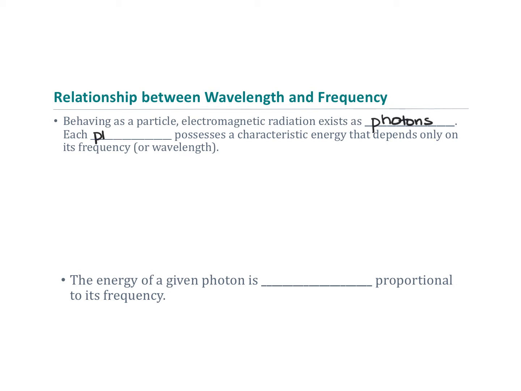And each photon is going to possess a characteristic energy that's going to depend on its frequency or its wavelength, depending on what information you're given. And so remember, we have the energy of a photon equals hν, where the ν is the frequency of that photon. Now, h here, remember, is Planck's constant. I always misspell Planck's. It's C-K there, constant.